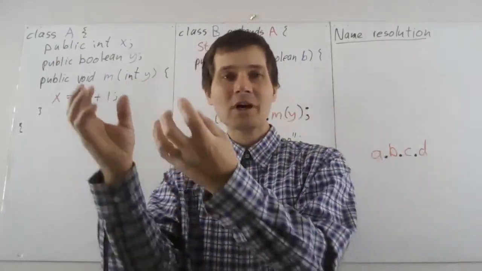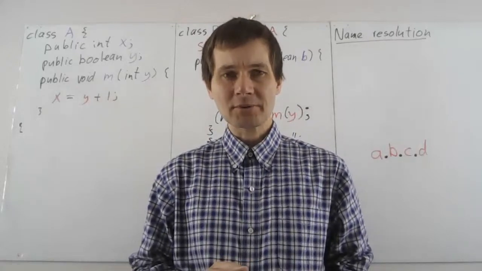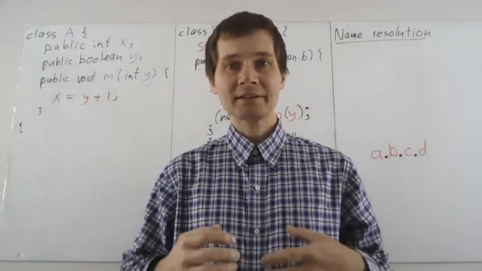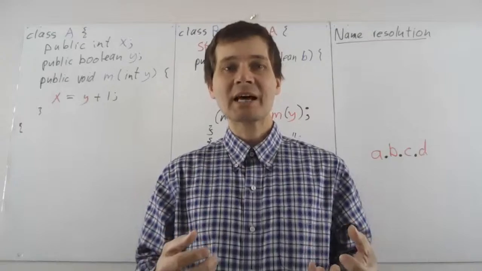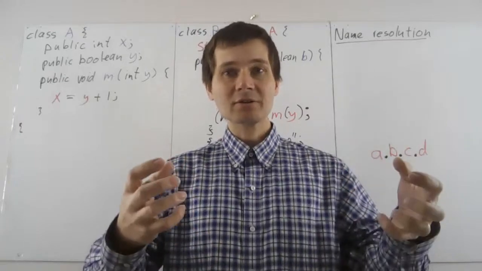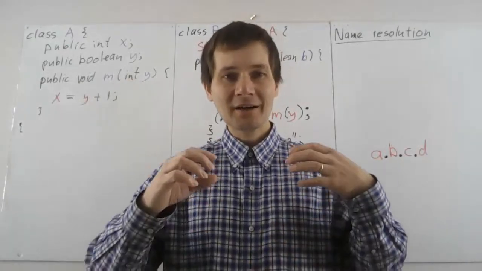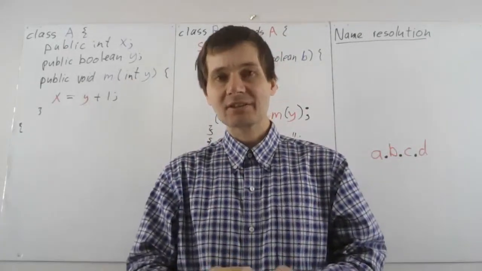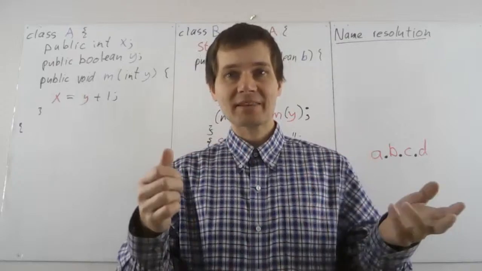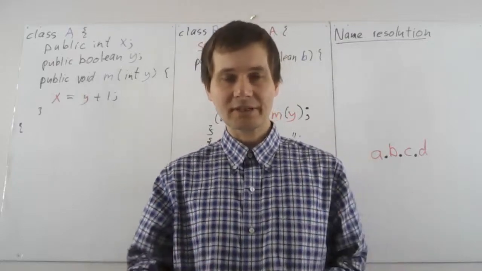Different parts of the code are nested within other parts. And in the context-sensitive analysis, we're going to start looking at what things in the code mean, and specifically named things like classes and methods and variables and those kinds of things.